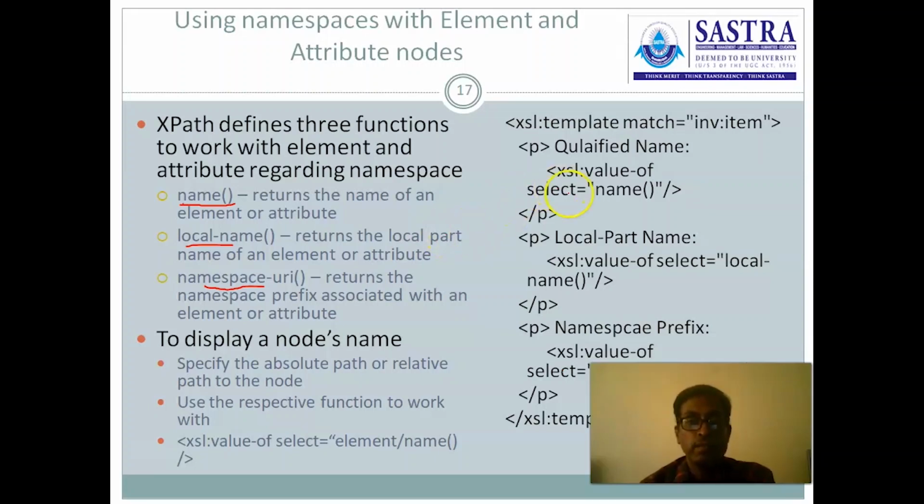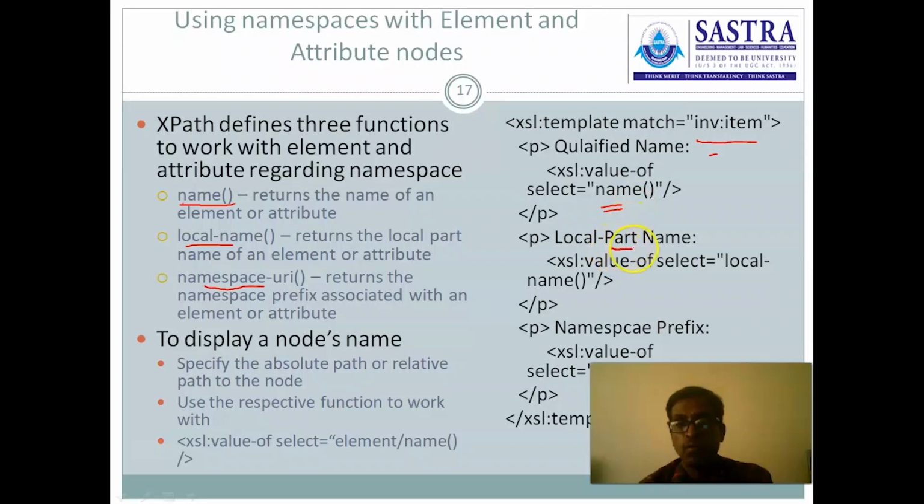See here, I am using inventory item, match equal to, and the qualified name, select equal to name. I want to select the name of the element item. The name of the element item I want to fetch and display.